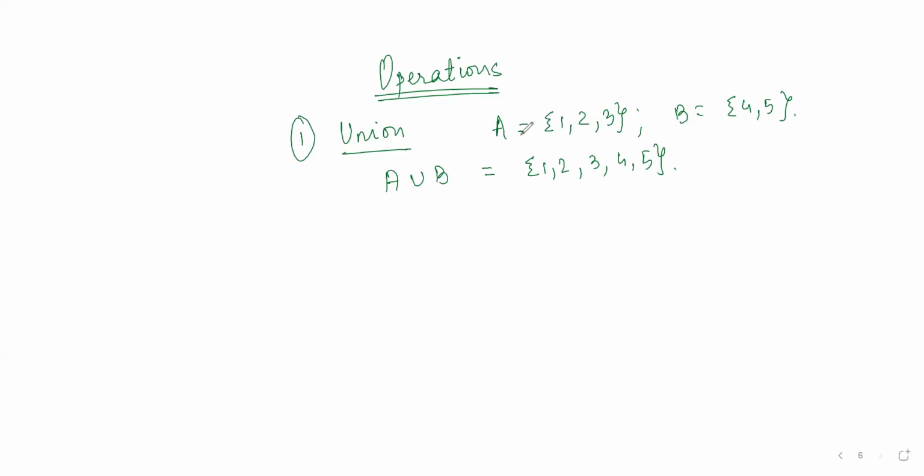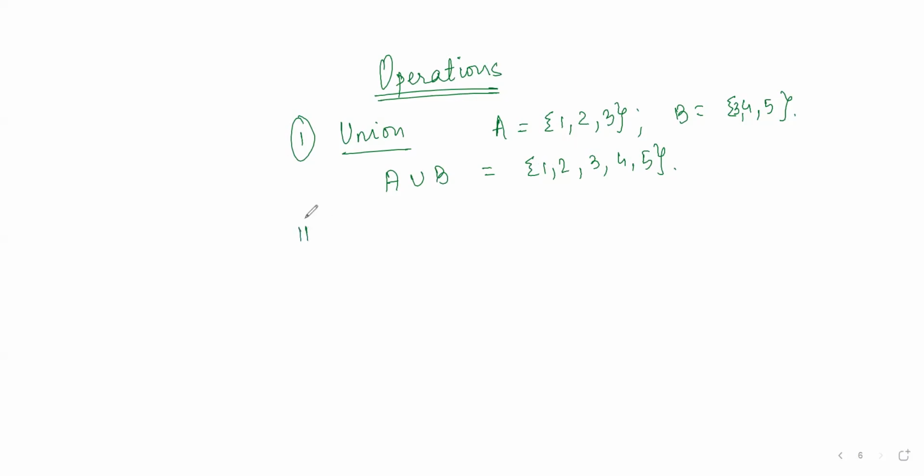So even if A is 1 2 3, B is 3 4 5, A union B will be 1 2 3 4 5. 3 दो बार नहीं आ रहा है, एक बार ही आएगा.